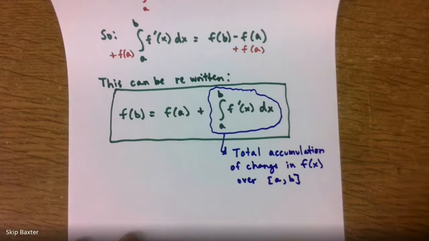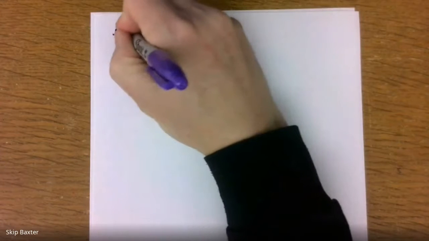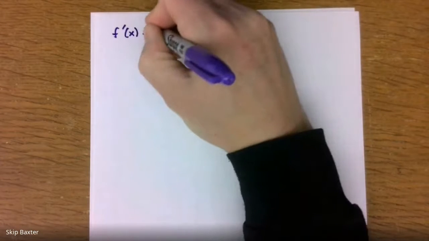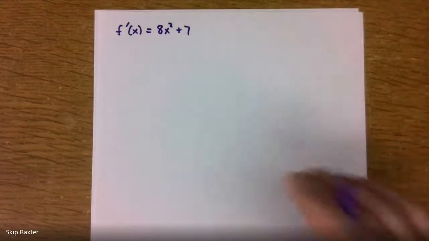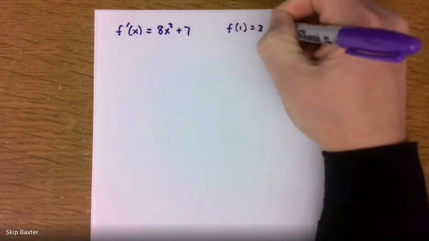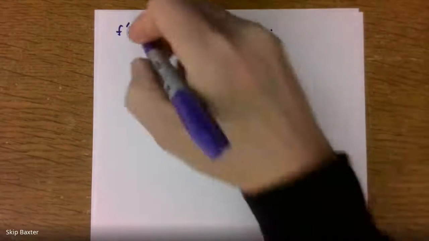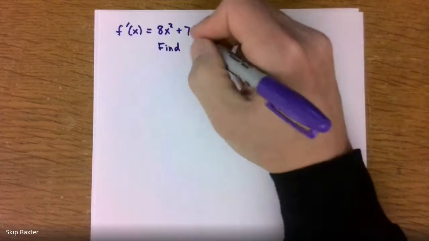Okay? So how can this be used? Sometimes they might give you a derivative. For example, suppose we know that f prime of x is equal to 8x squared plus 7. I'm just making this up. And suppose we know that f of 1 equals 3. Let's say that's the given stuff. They might say find f of 5.